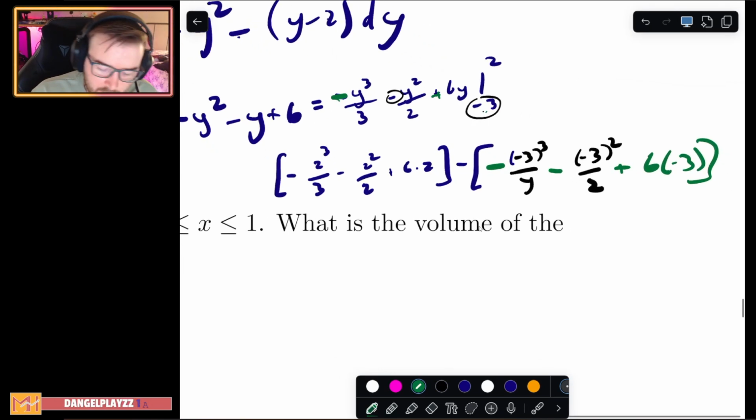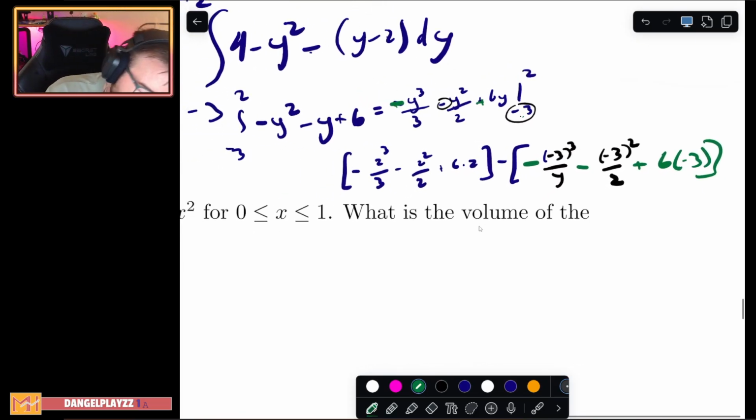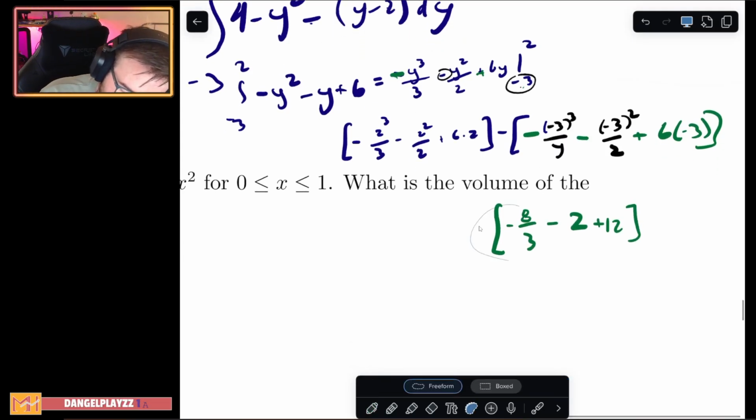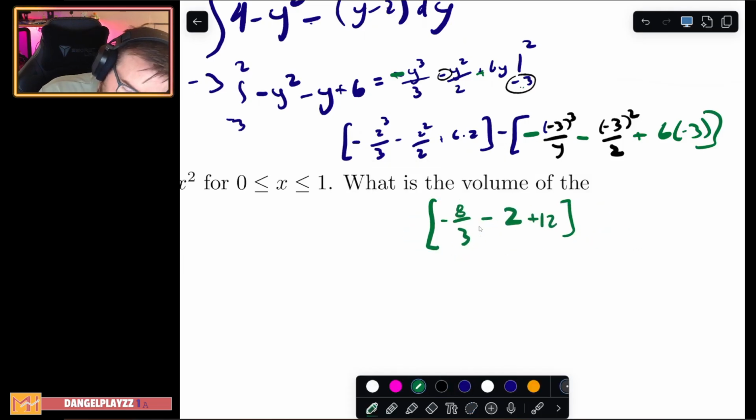All right, and then we just carefully do some arithmetic. So this is going to be 2 cubed is 8, so that's -8/3. Minus 2 squared is 4, divided by 2 is 2. 6 times 2 is 12. Minus, okay, this is a 3. It doesn't look like a 3.